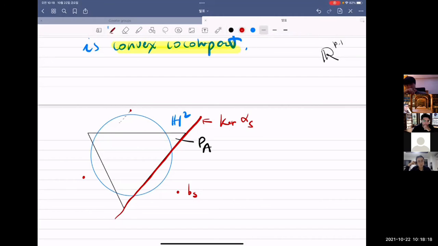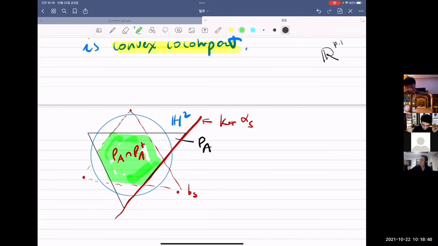This red dot corresponds to the reflection vectors, and then take the convex hull of these reflection vectors, and then take the intersection with PA. So it will be the PA intersected with the PA star. The PA star is exactly the convex hull of the reflection vectors.